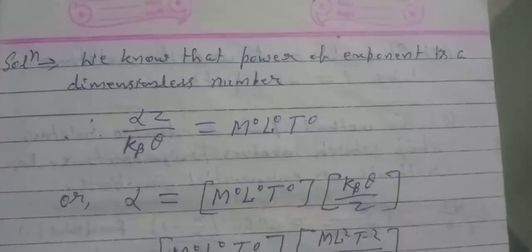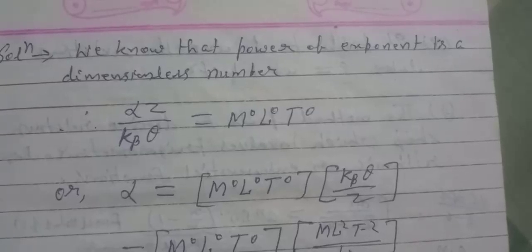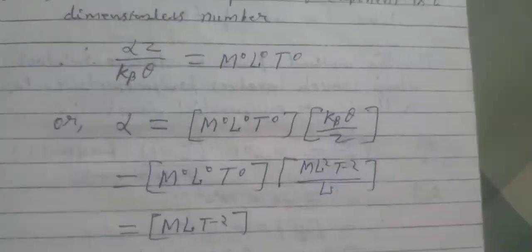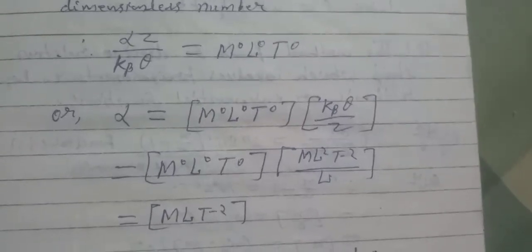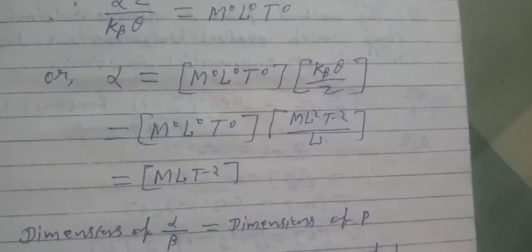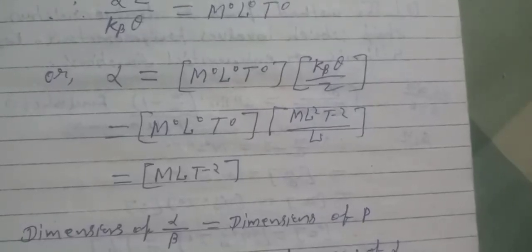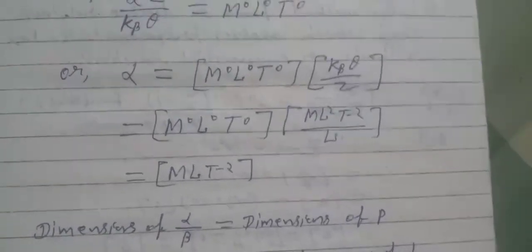So hence alpha Z by K beta into theta equals M0 L0 T0, or alpha equals M0 L0 T0 into dimensionally K beta into theta by Z, or M0 L0 T0 equals M L2 T minus 2 by L equals M L T minus 2. Here we have put the dimensional formula of K beta, theta and Z.